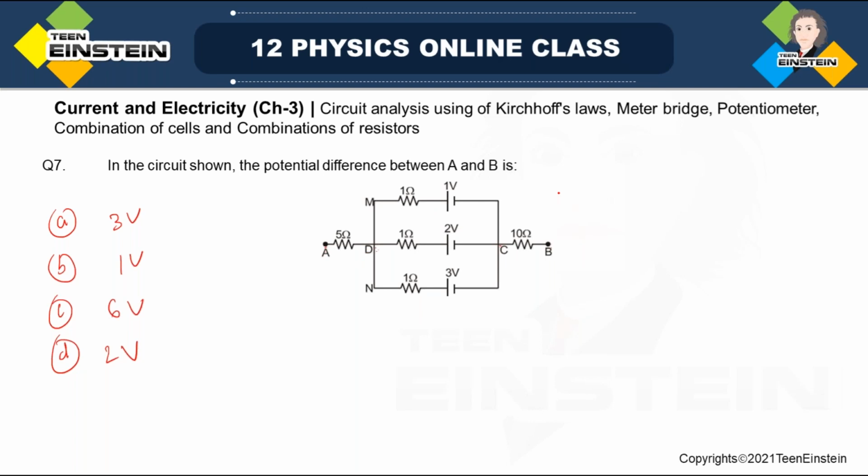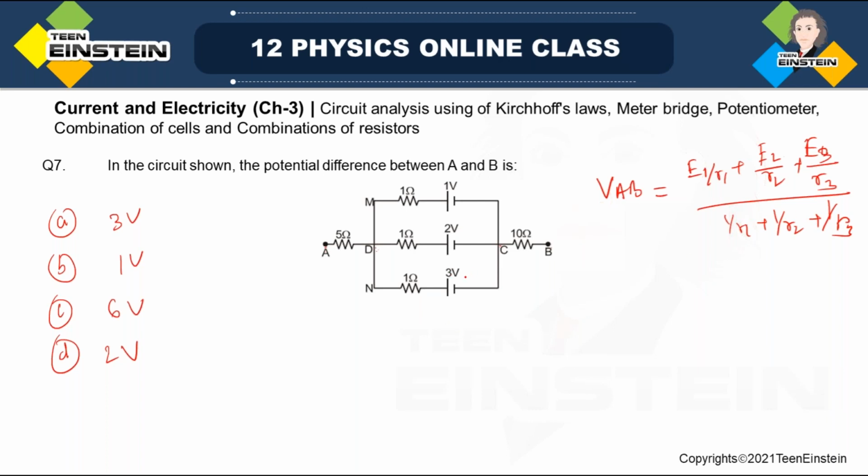See, if I write this VAB as E1 by R1 plus E2 by R2 plus E3 by R3 divided by 1 by R1 plus 1 by R2 plus 1 by R3.